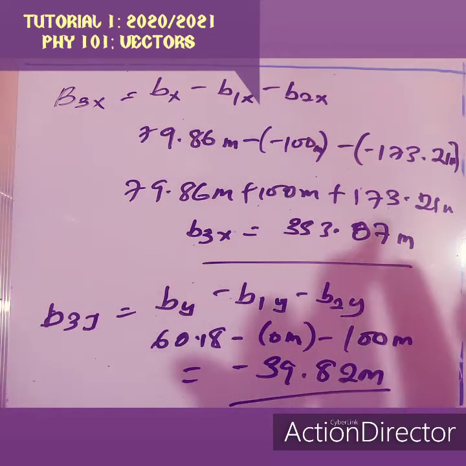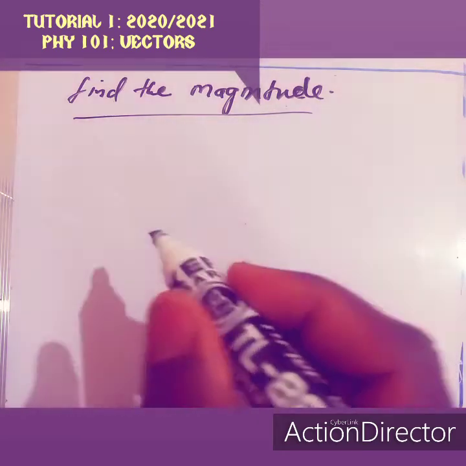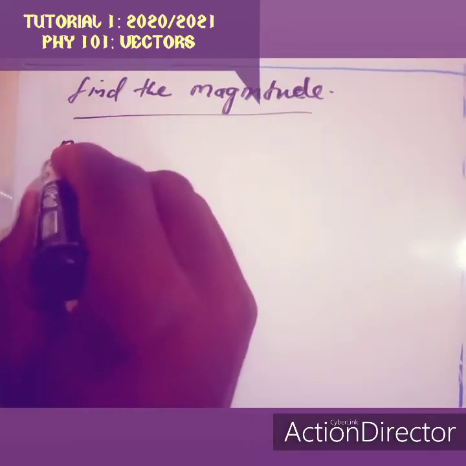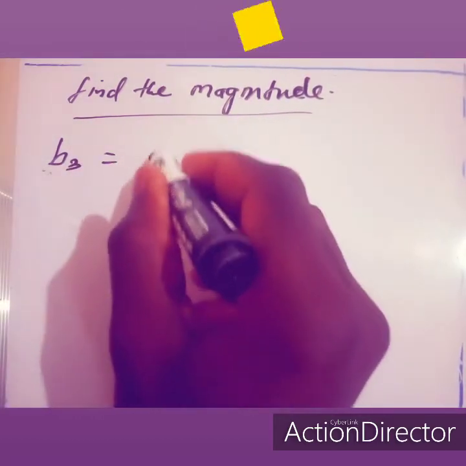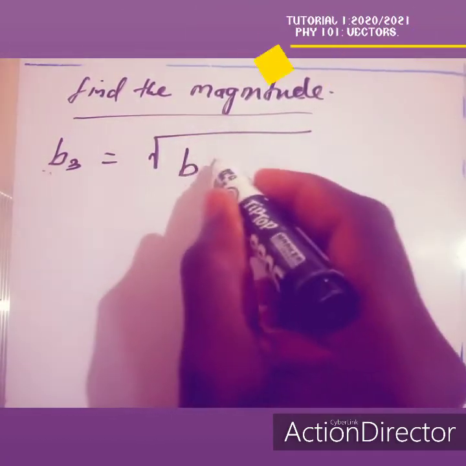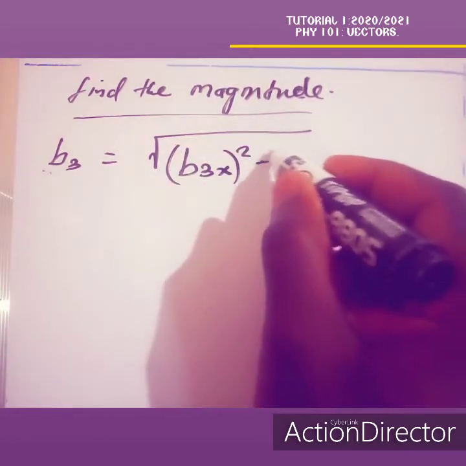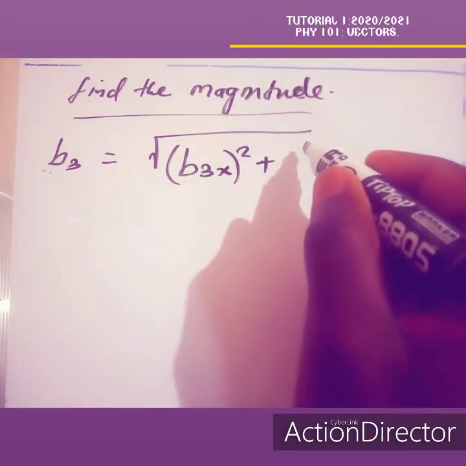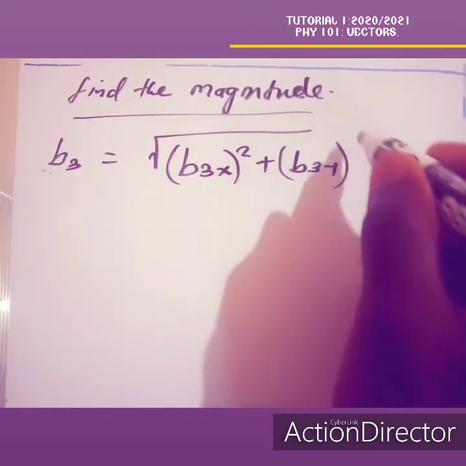What we'll do next is to find the magnitude. The magnitude of B3 will be equal to the square root of B3x squared plus B3y squared.